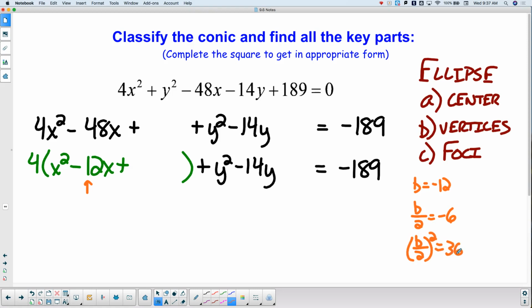Okay. So I have to add 36 there, but really I'm adding 144, so I've got to add 144 on that side.